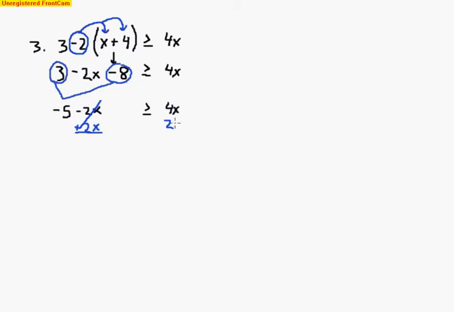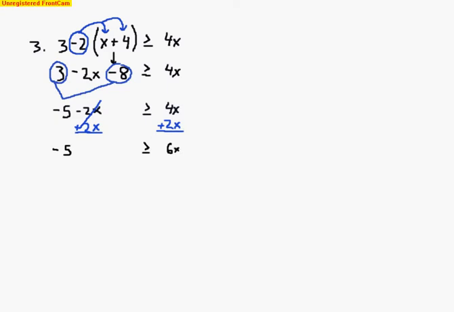Well, if we do something to one side of the inequality, we must do the same to the other side to keep this in balance. So now we've done that, and we still are left with that constant on the left-hand side. Negative 5 is greater than or equal to 6x.